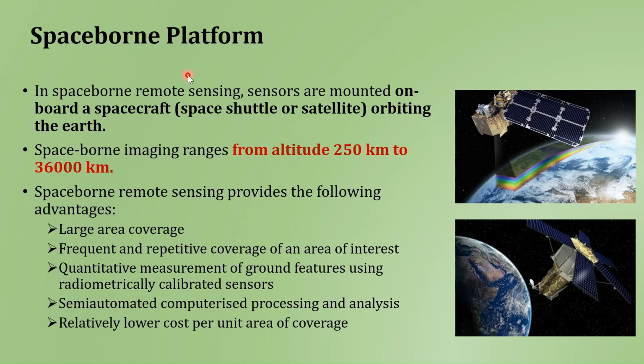Using spaceborne platforms provides certain advantages like large area coverage, frequent and repetitive coverage of the area of interest, quantitative measurement of ground features using radiometrically calibrated sensors, and semi-automated computerized processing and analysis. And if we calculate the cost per unit area of coverage, it is comparatively lesser in comparison to the aerial platforms.